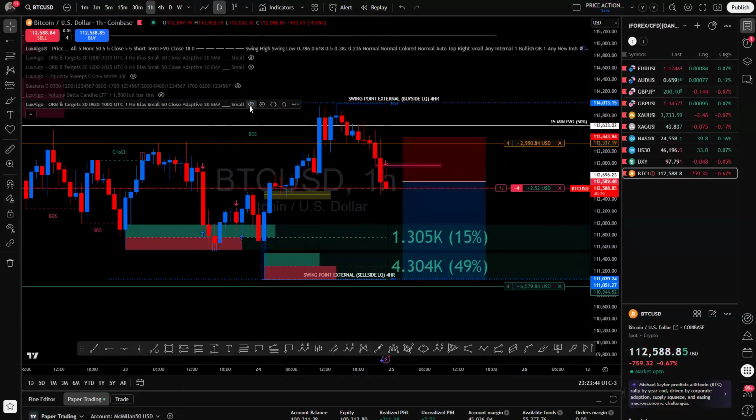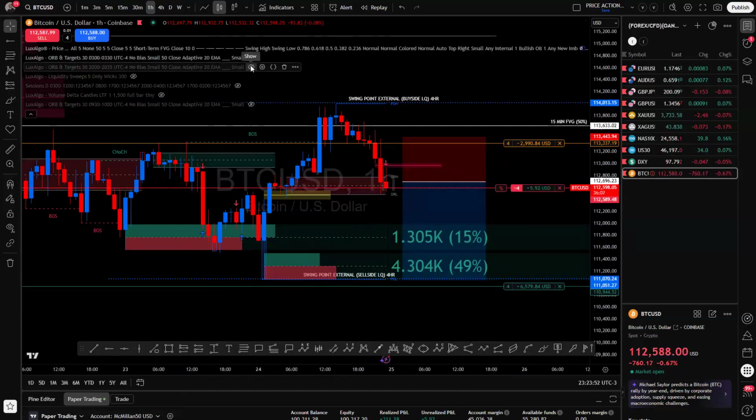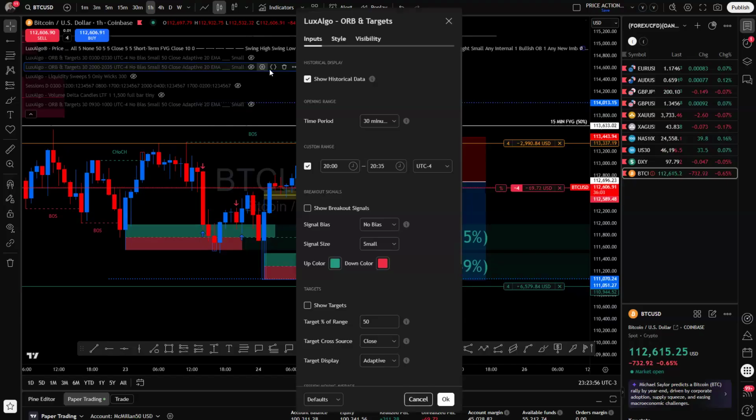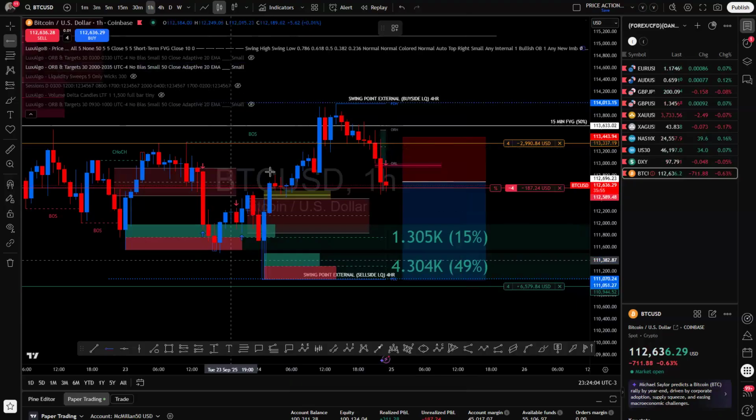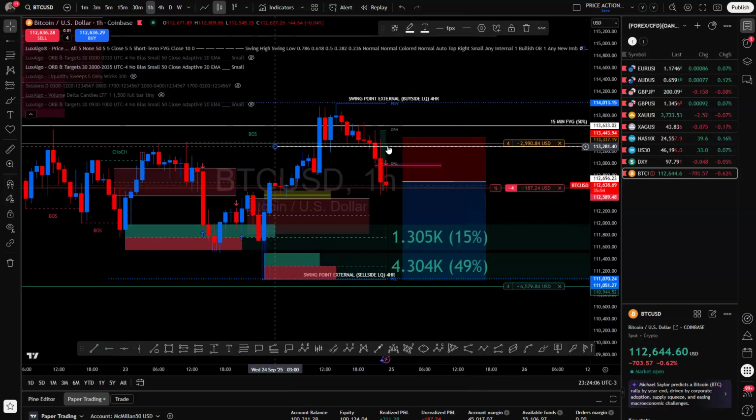Now, notice here, this is the Asian session order, and it's starting to form. So in reality, it looks like price is respecting this order here.